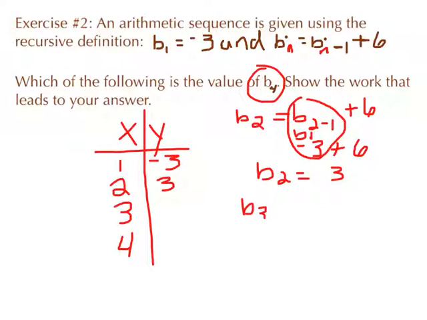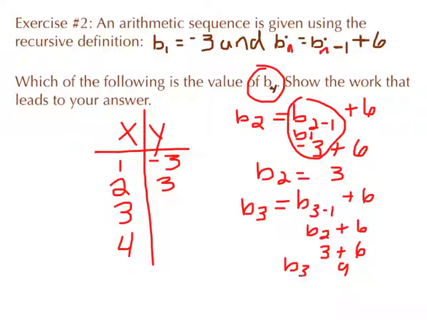So B sub 3 equals B sub 3 minus 1 plus 6. This is B sub 2 plus 6. B sub 2 is 3. 3 plus 6 is going to give me 9. B sub 3 equals 9. And let's do it one more time for B sub 4.